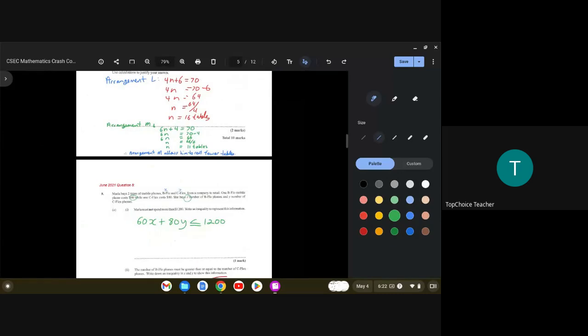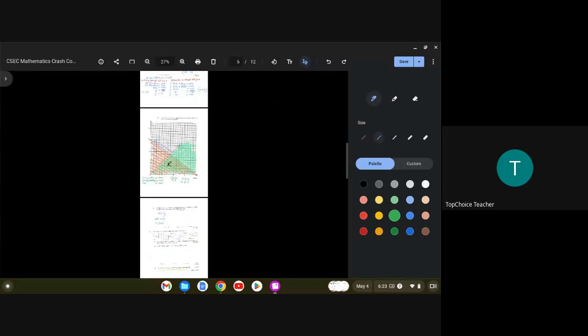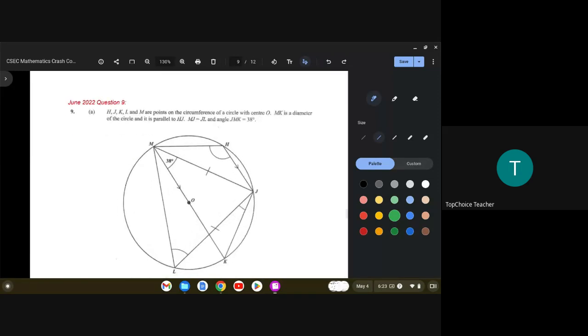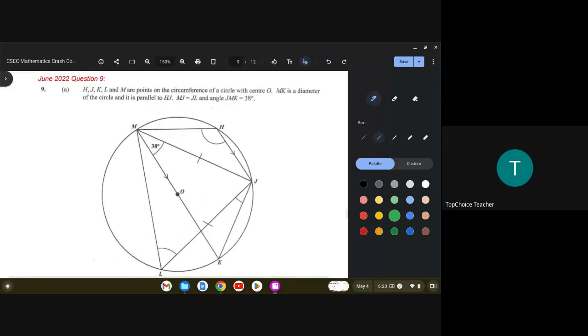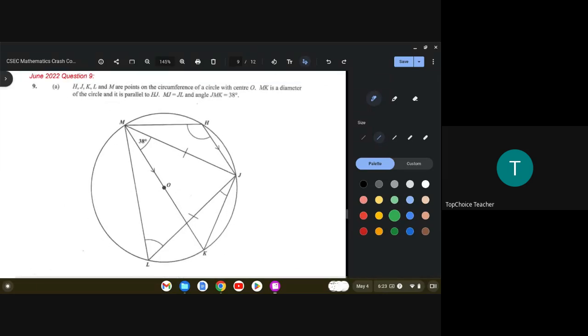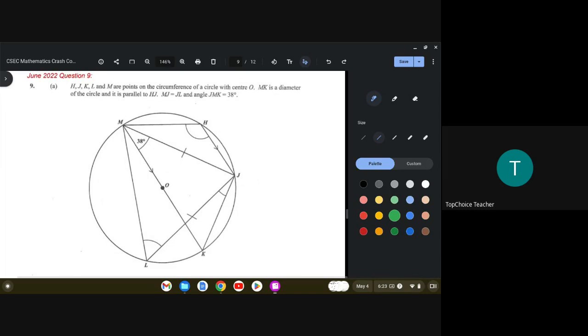So that's done. Now that we finished number 8 entirely, let's move on to something that you all are excited about, number 9, okay? Unfortunately, under exam conditions, students tend to be mentally exhausted by the time they reach circle theorem questions, so they don't focus on it carefully. And that is what causes issues.